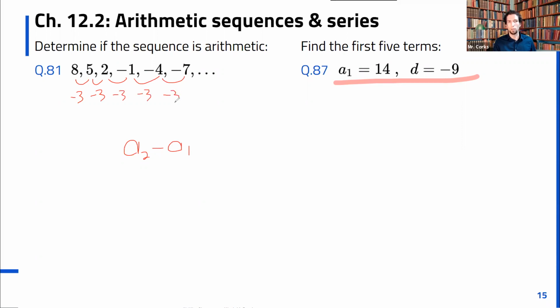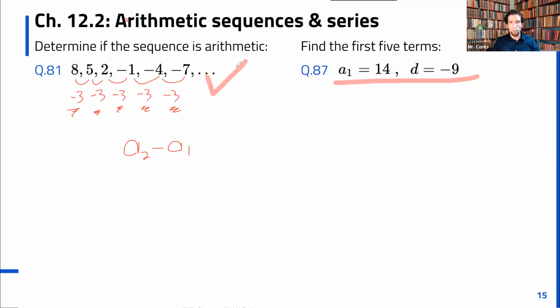So it's a common difference, the same number each time. Therefore, it is an arithmetic sequence. That is the definition: it must have the same difference between each of the terms. So yes, arithmetic.